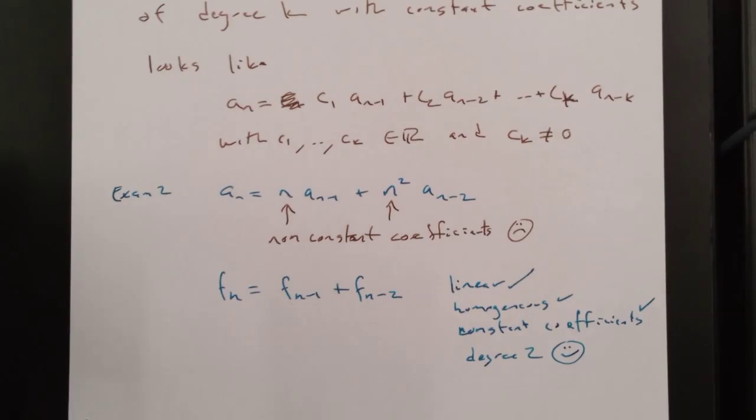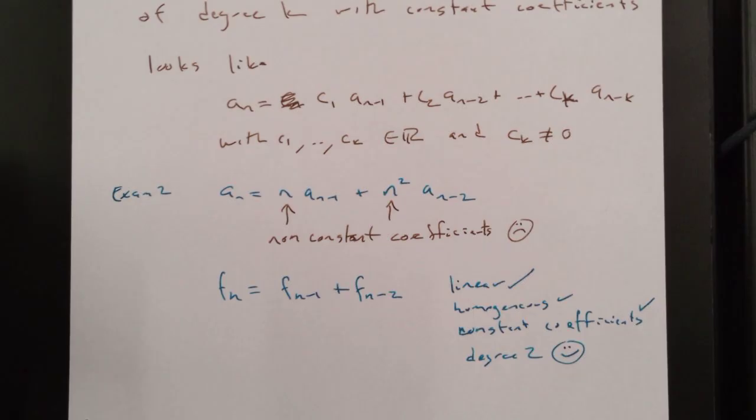I'm going to give you a method that will allow you to find a solution as long as we check all 3 of these boxes. Linear, homogeneous, constant coefficients. As long as I can do all of that, I'll be able to find a way to solve this problem.